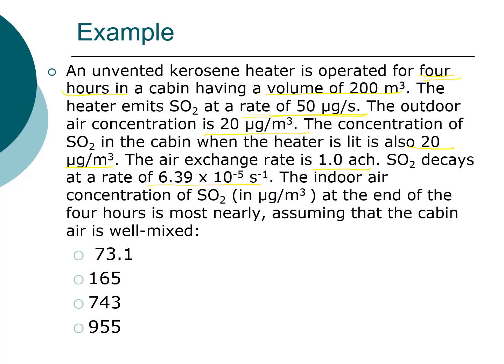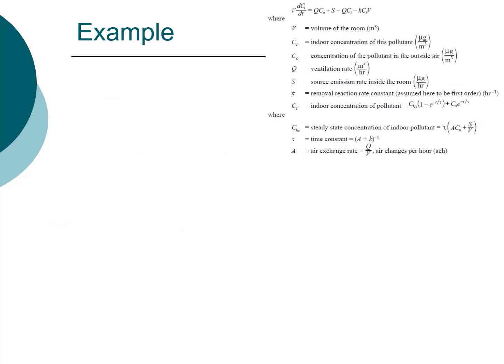And you're given a decay rate for SO2, and you are asked for the indoor air concentration at the end of 4 hours. And we're going to assume, as we just discussed, that the cabin is well mixed. So let's look at this problem. We'll write down the parameters.